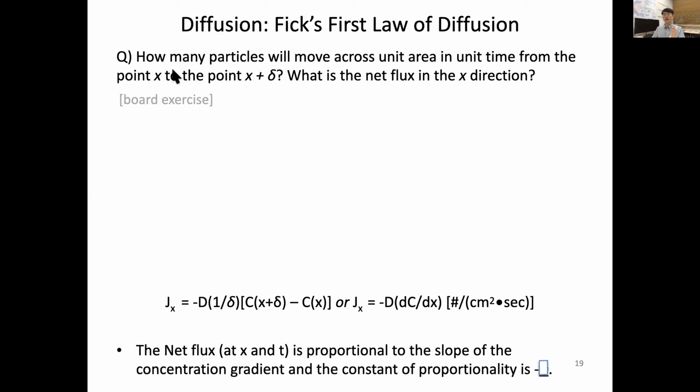And we want to calculate the net flux in the X direction. So now let's see Fick's first law of diffusion. This is from the random walk concept.